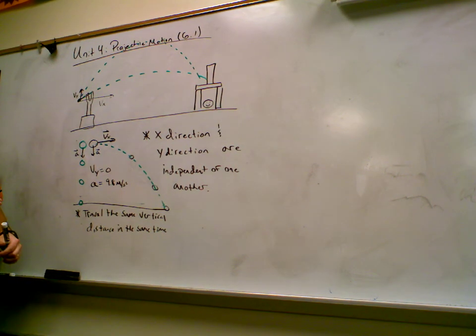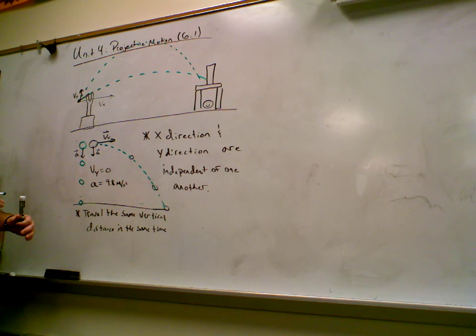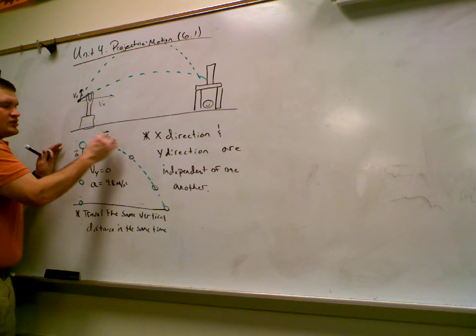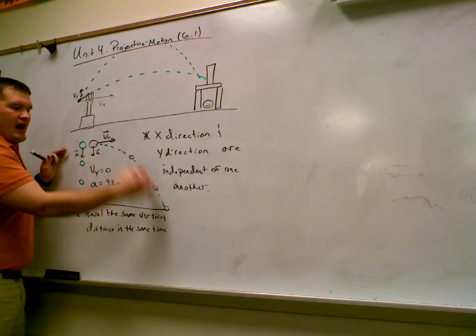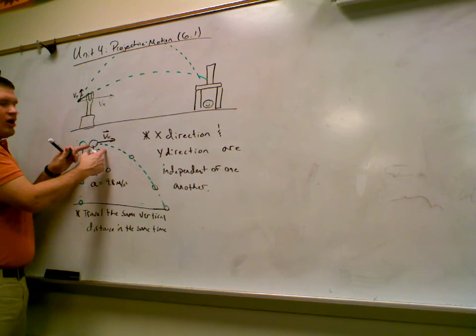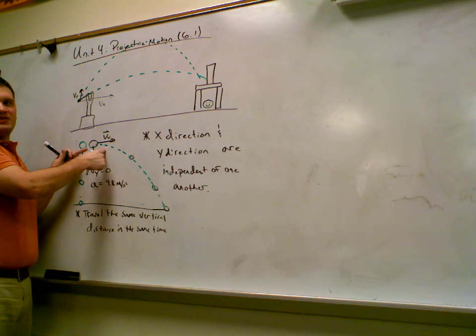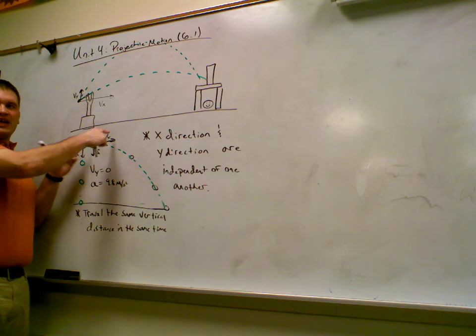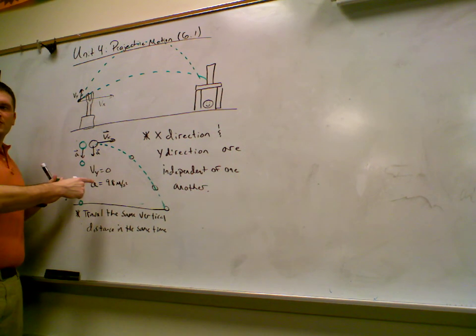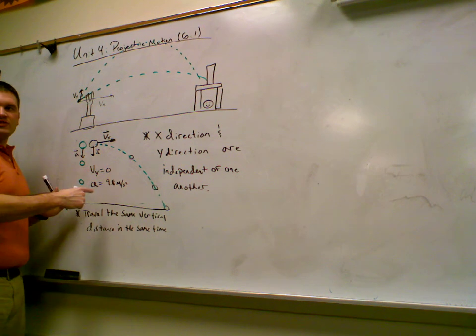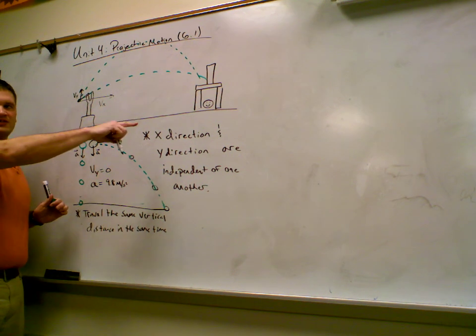So it does affect the horizontal? No, the horizontal velocity is unaffected. This path is longer. This ball has a greater total velocity, but that's including the x and the y. The y velocity, the y acceleration, does not affect the x velocity.